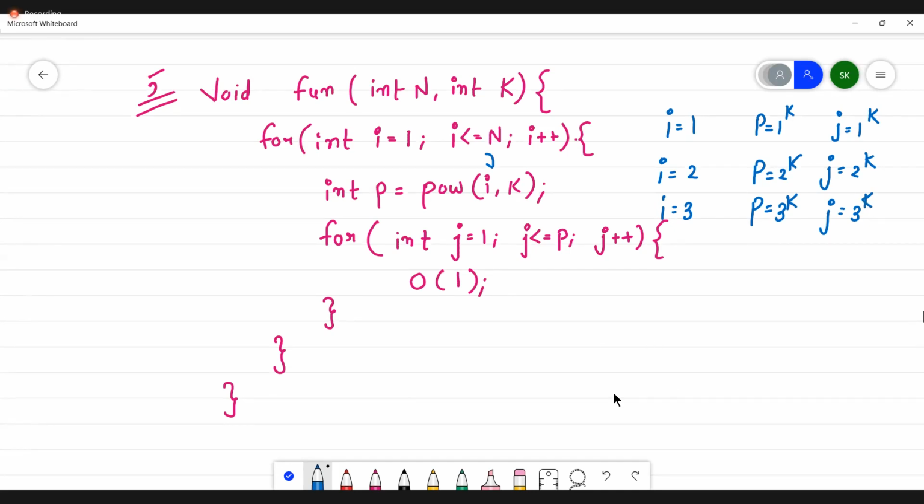If I will continue this up to n, j is going to run for n power k. Clear to everyone?